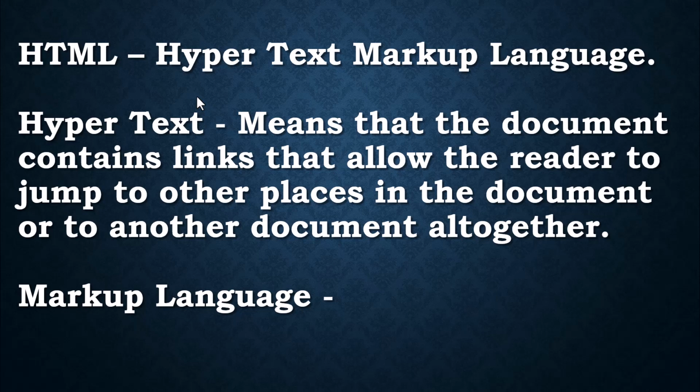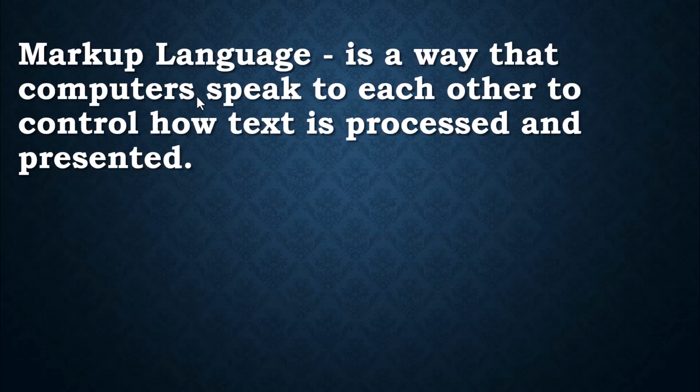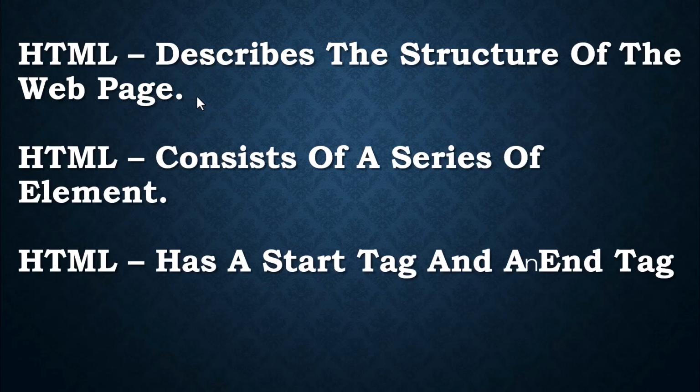So let's look at the markup language. The markup language in this context is a way that computers speak to each other to control how the text is processed and presented to the readers. Let's see other things that HTML brings to a web page.